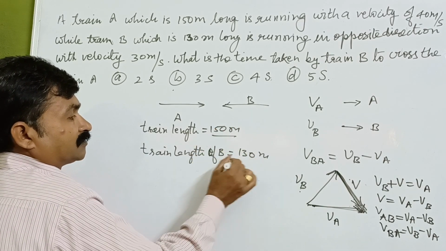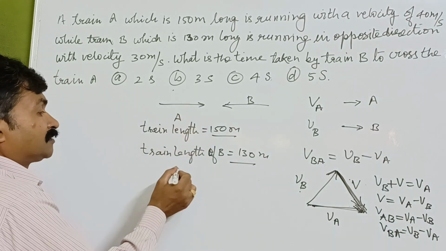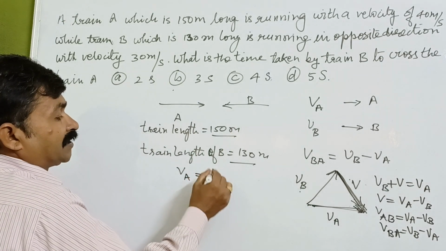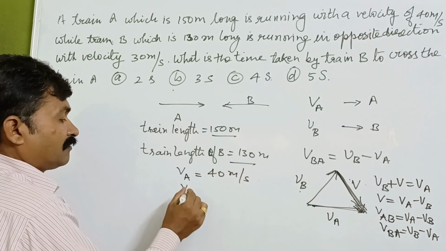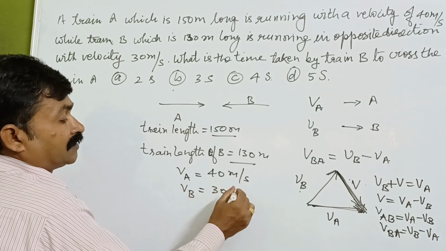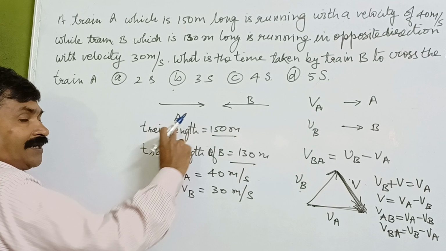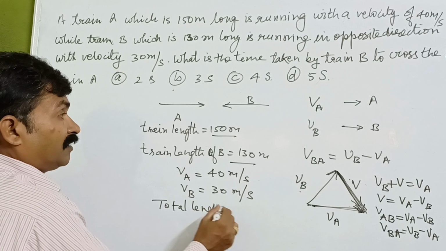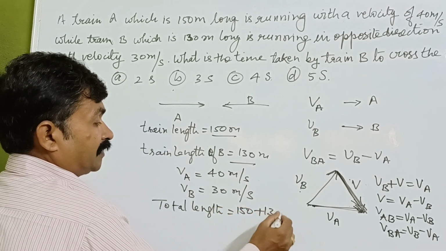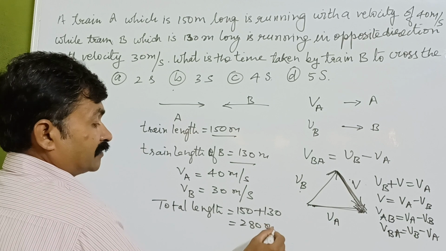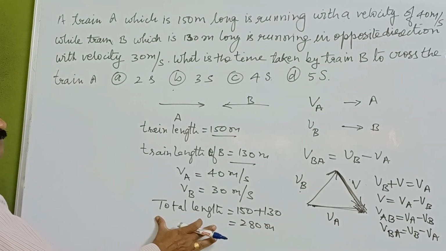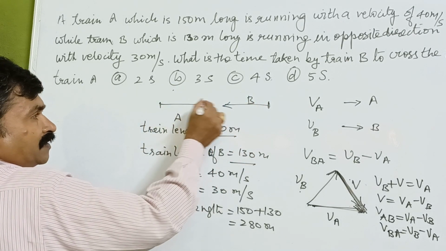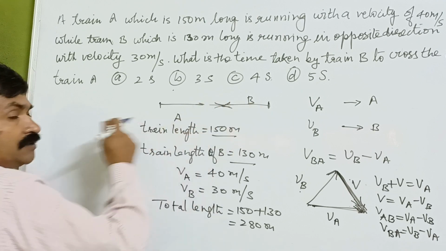The velocity of train A, VA, is 40 meter per second, and the velocity of train B is 30 meter per second. The total length of the two trains will be 150 plus 130, that is 280 meter, as they are moving opposite to each other.